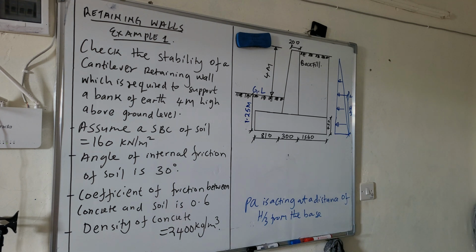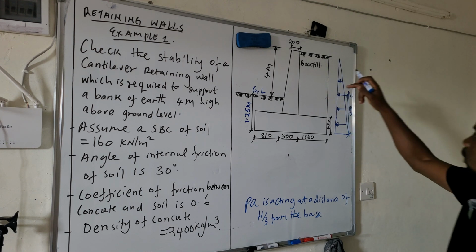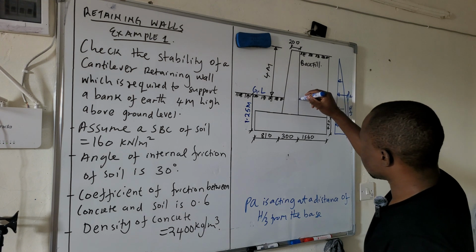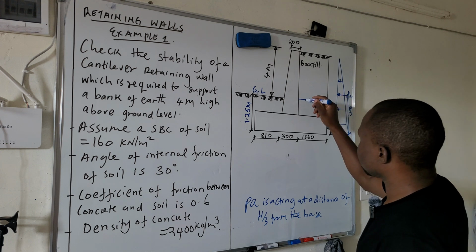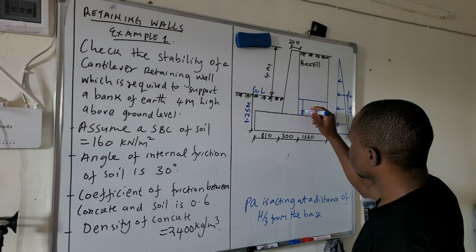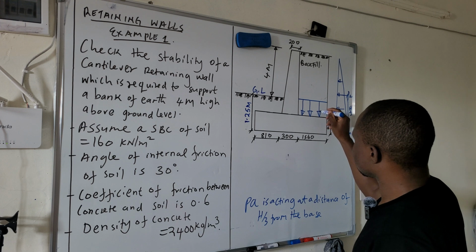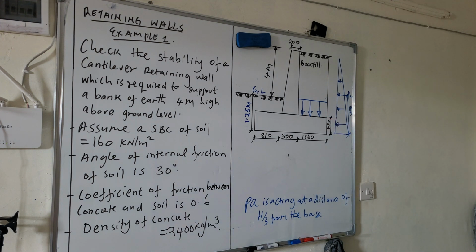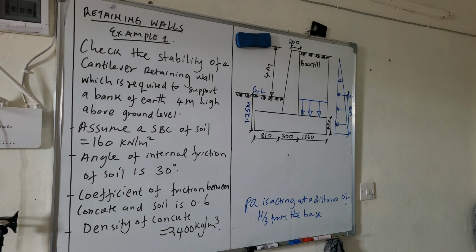Again, we have the downward pressure as a result of the backfill. So this backfill is causing a downward pressure. If you draw the pressure diagram, this will be the pressure from the backfill. Again, we have another pressure from this side, and this pressure is the passive pressure.